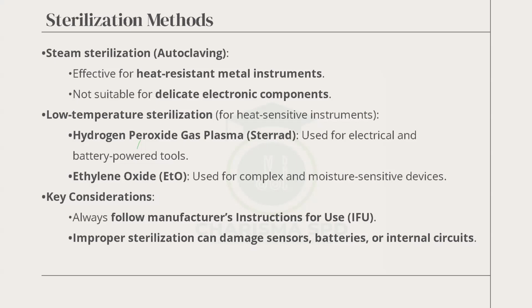Low temperature sterilization, which is also called for heat sensitive instruments. It means that they cannot withstand heat. If the heat goes above a certain level, they melt. An example of low temperature sterilization is hydrogen peroxide gas plasma, which we call STERRAD.